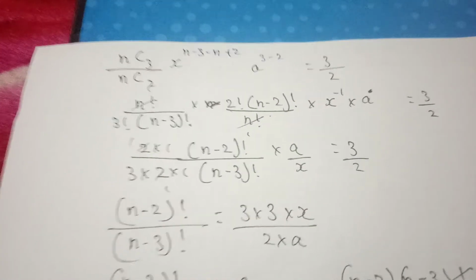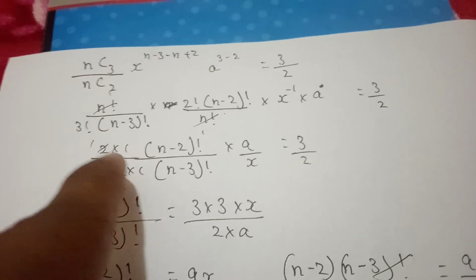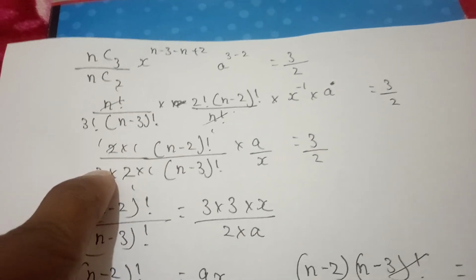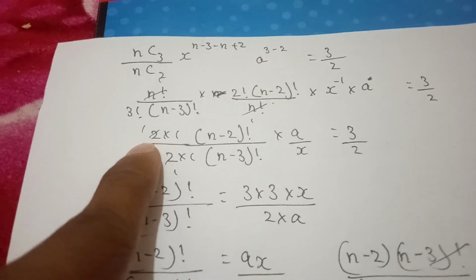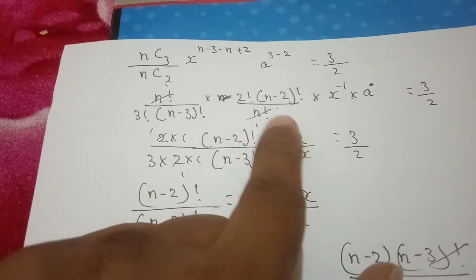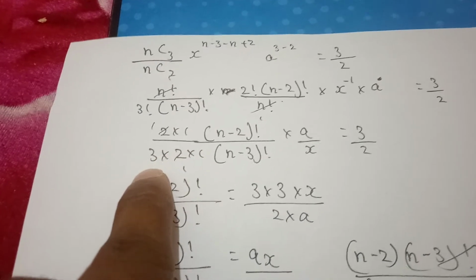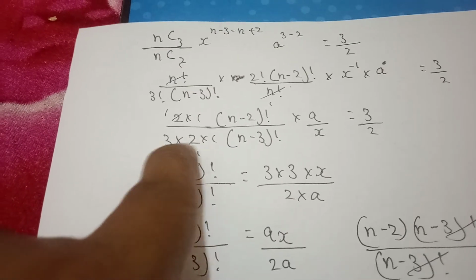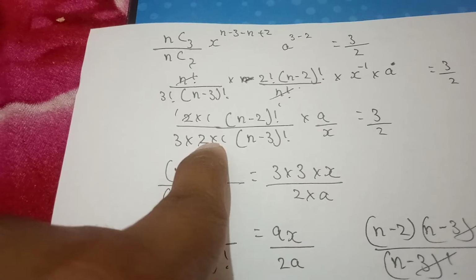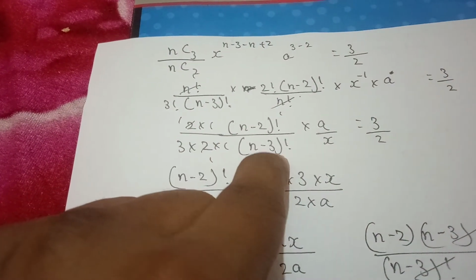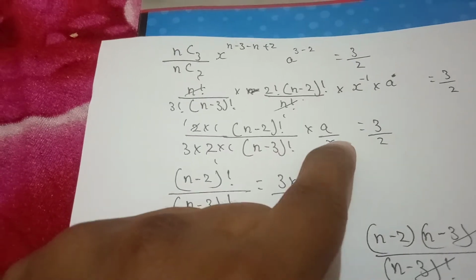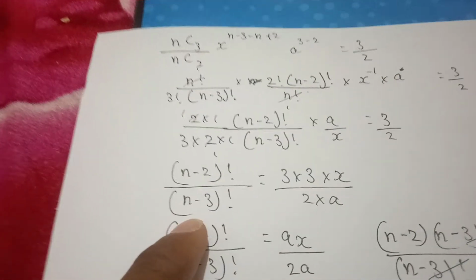Then 2 factorial is 2 multiplied with 1, and 3 factorial is 3 multiplied with 2 factorial, and 2 factorial gets cancelled. Now the 3 will be remaining, and (n minus 2) factorial divided by (n minus 3) factorial multiplied with a by x gives me 3 by 2.